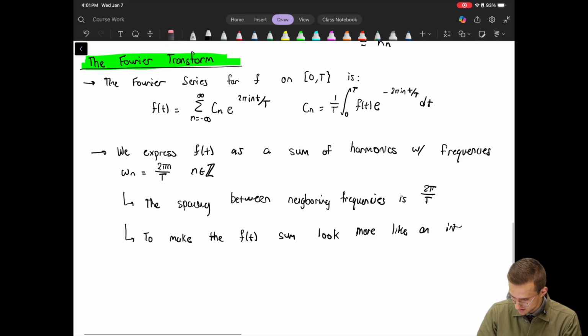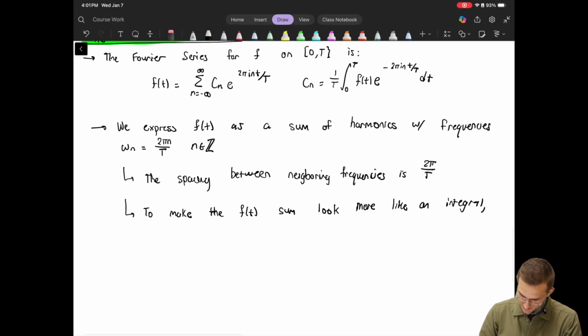We're going to define the following: define f hat evaluated at omega n times delta omega, where that spacing is delta omega, as cn.